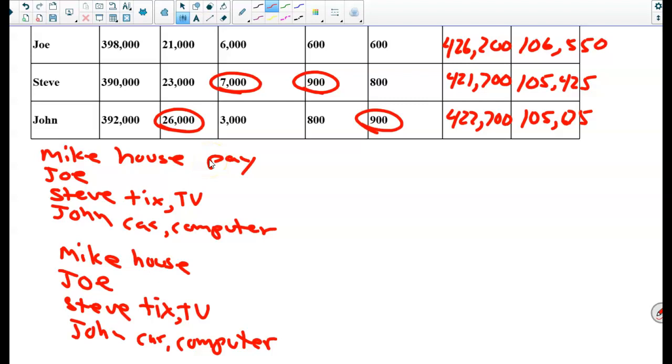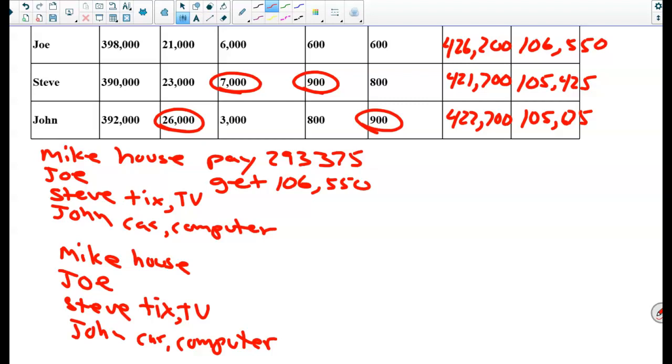We are paying $293,375. Joe gets its complete fair share, which is $106,550.